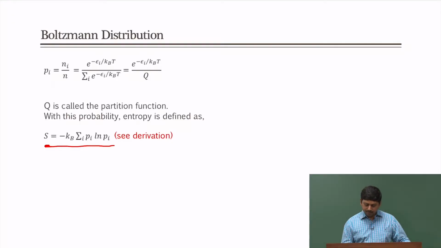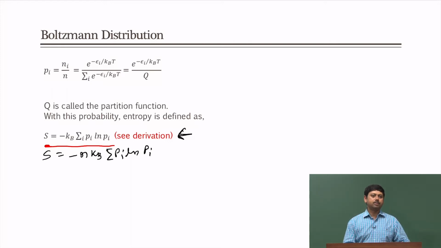So, we see that for this case, this is only for one particle. However, for N particles we should write minus N k_B sum of p_i ln p_i. If you have one particle, then this is the formula to use, and if there are N particles, then this is the formula to use.